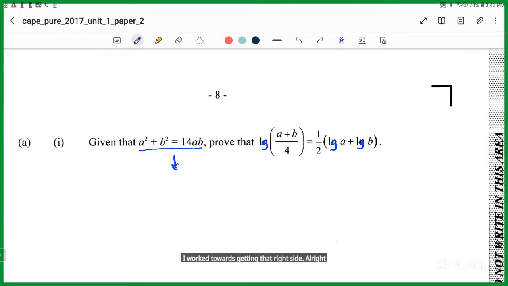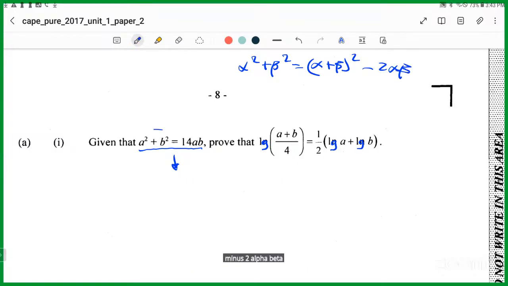Alright, let's do it. This has a squared plus b squared, and I have a plus b here. But I must realize that a squared plus b squared, just like alpha squared plus beta squared, is equal to alpha plus beta all squared minus 2 alpha beta. I can do the same thing with this.